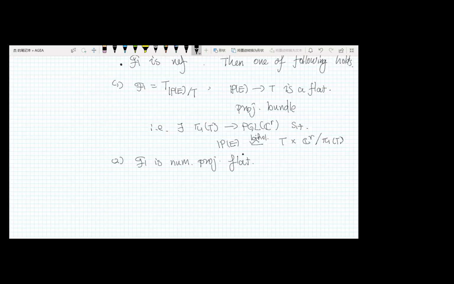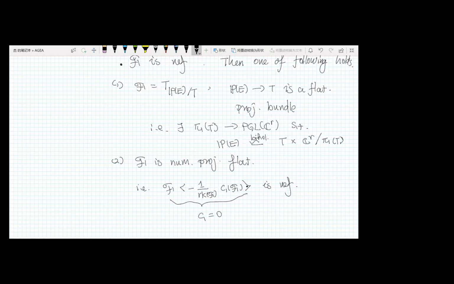This means if you consider the Q-twist, F tensor with the Q-class 1 minus 1 over the rank of F times the first Chern class of F, this is nef, because the first Chern class of this is equal to 0.